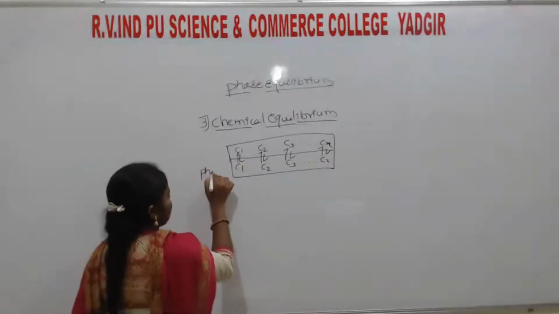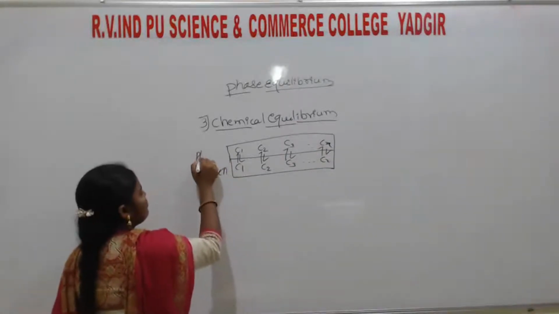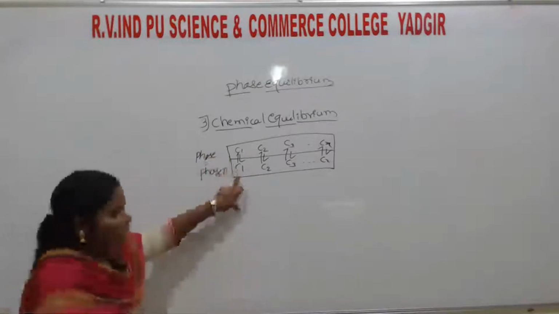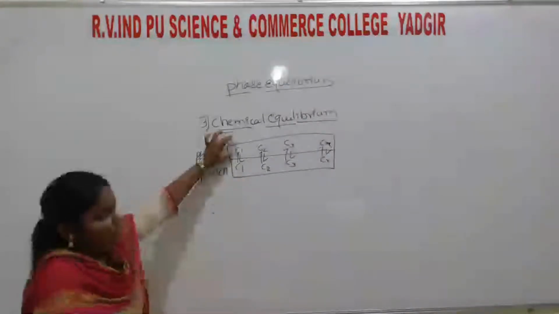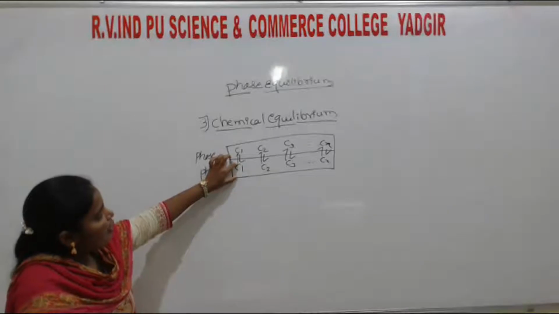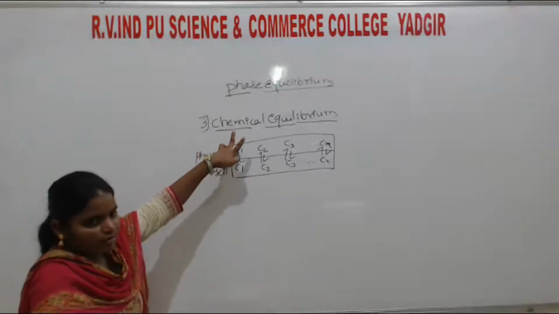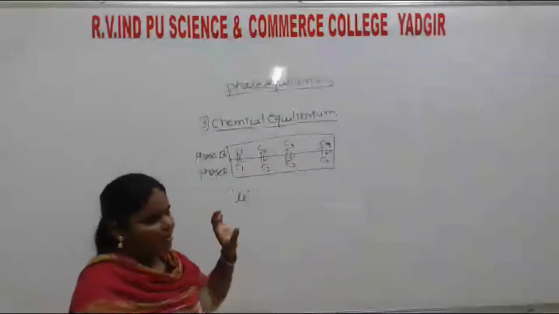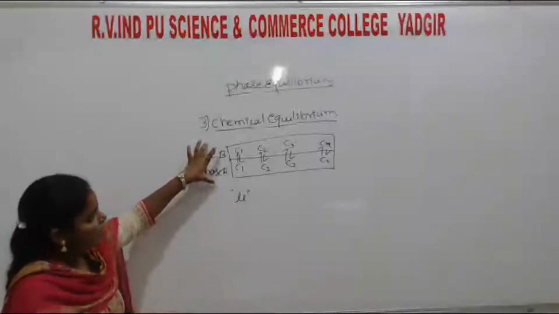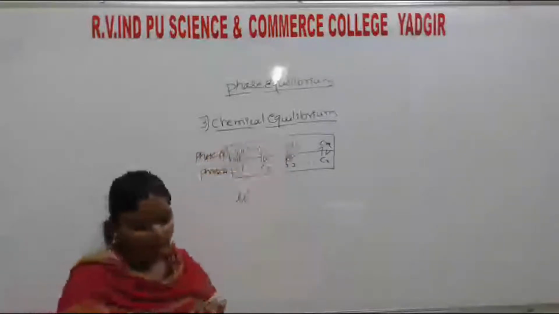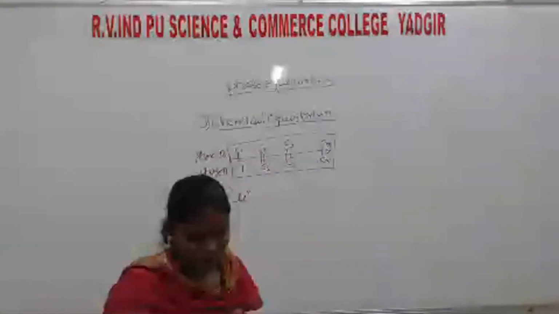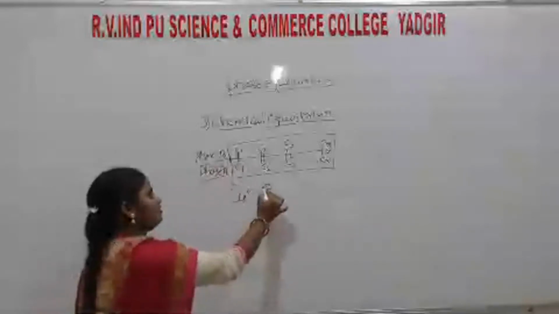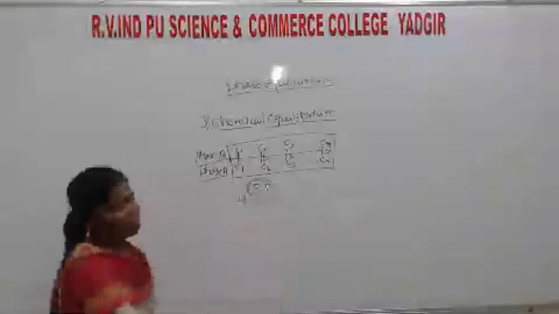This is phase A, and this is phase B. This is the first component. One mole of component is transferred from one phase to the other. Here I have considered two phases and a number of components, with temperature and pressure constant.